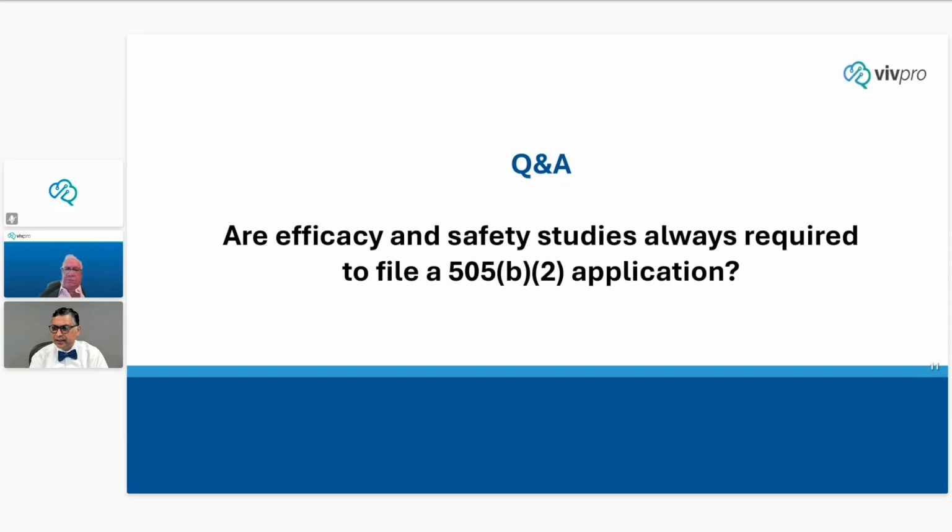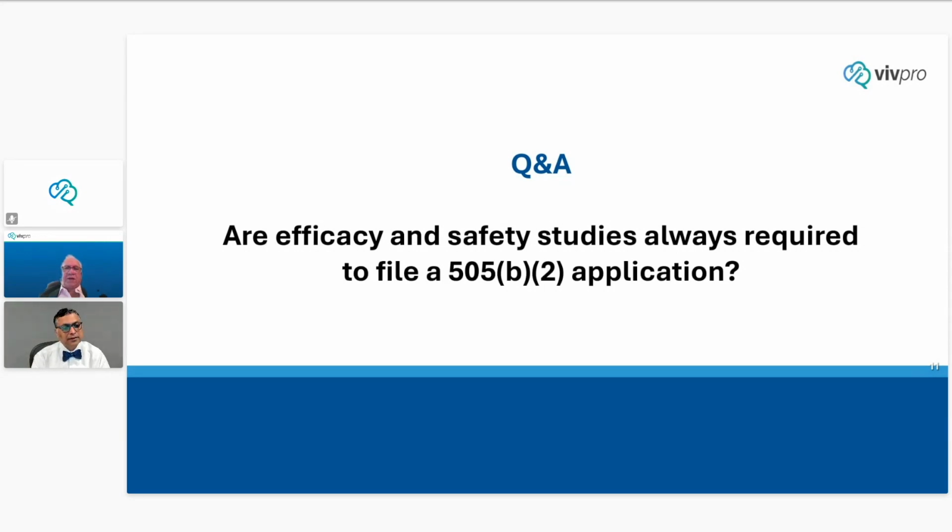So there is a question. I'm going to still paraphrase and guess a little bit. What are the pediatric study requirements for 505(b)(2) products? It's the same as a new drug. It's no different. I'm not sure what the motivation is for that question.